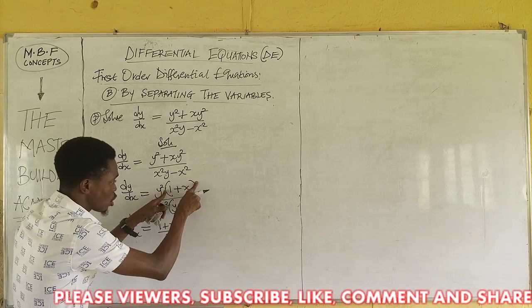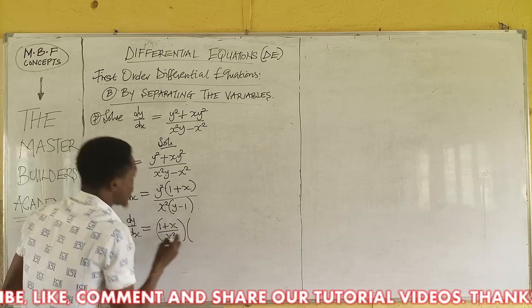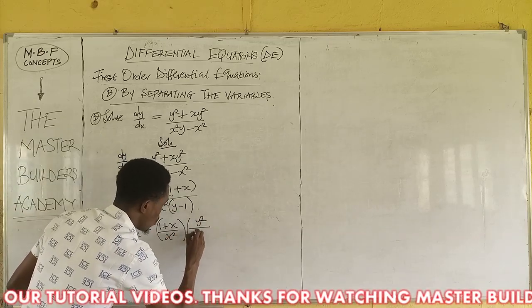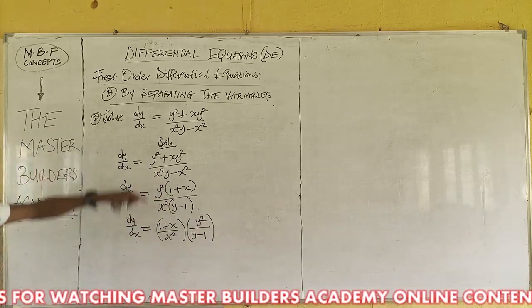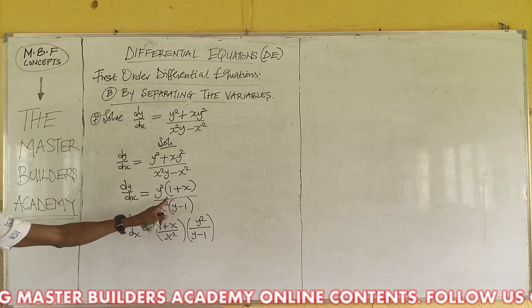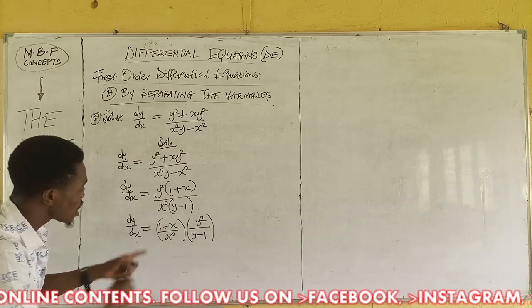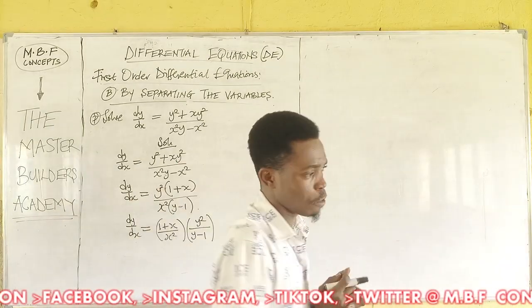So I take the numerator of x and the denominator of x, I put it in one bracket. Then y squared over y minus 1. Guys, if I multiply this, I will get back this question. Now at this point, the relationship between x function and y function here is multiplication.